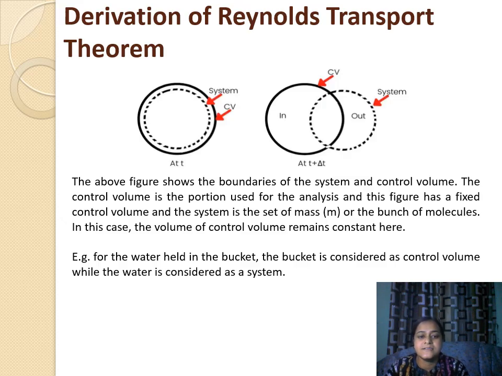In this case, the volume of the control volume remains constant. For example, water held in the bucket is considered as a control volume, whereas the water is considered as a system.